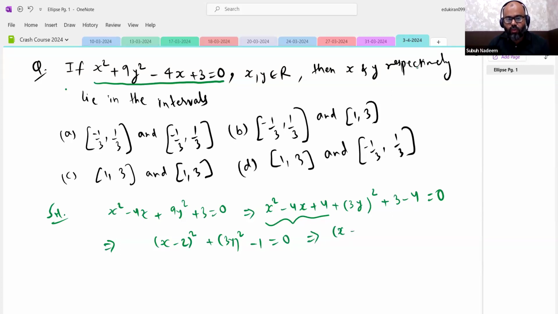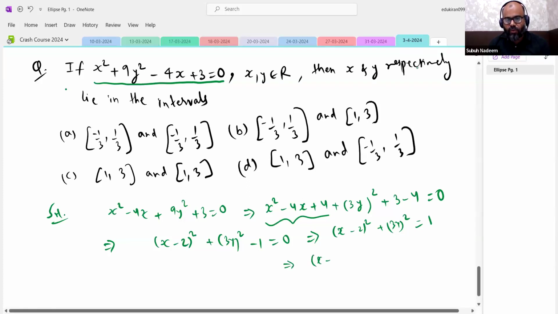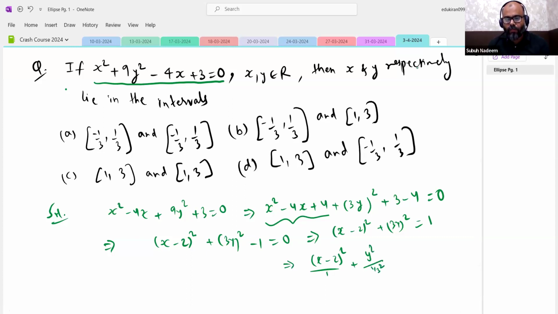So x minus 2 whole square plus 3y whole square is equal to 1. Or we can say x minus 2 whole square upon 1 plus y square upon 1 by 3 square is equal to 1, because this 3 is multiplied with y, so when it will go in the denominator, it will become 1 by 3.